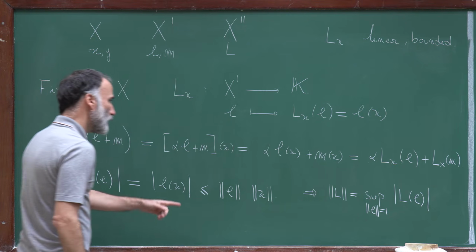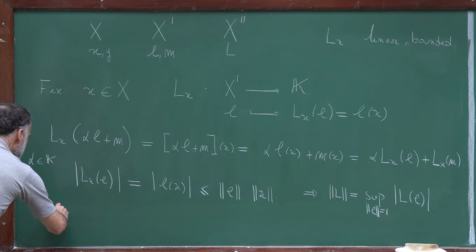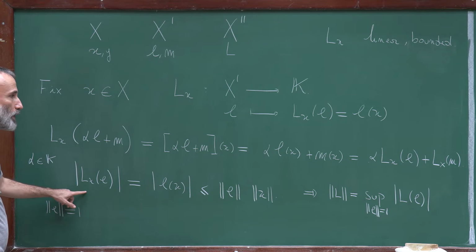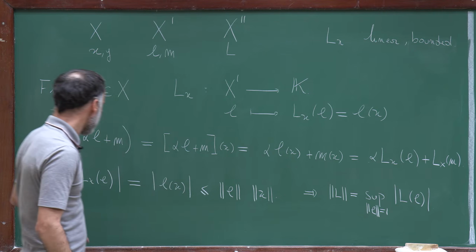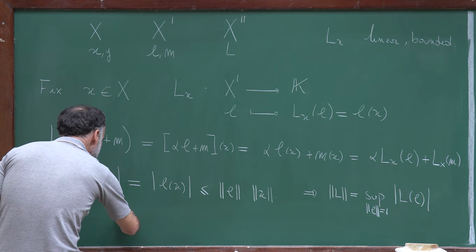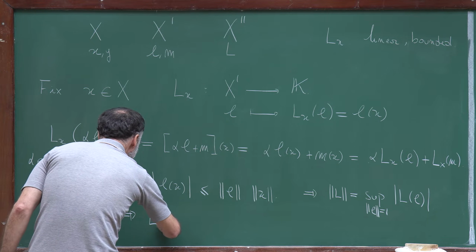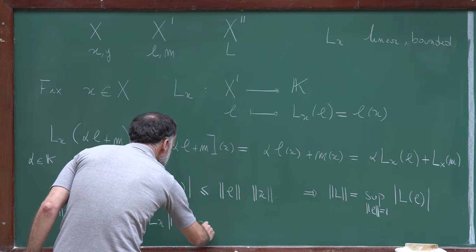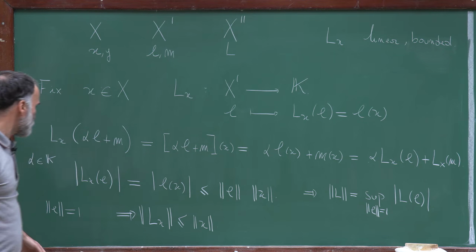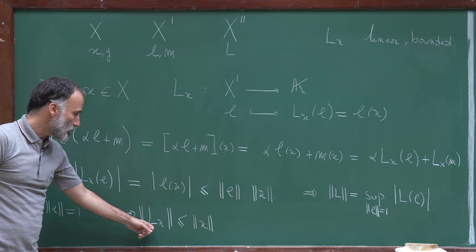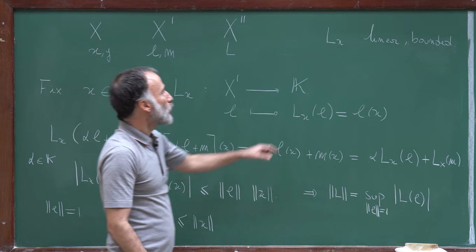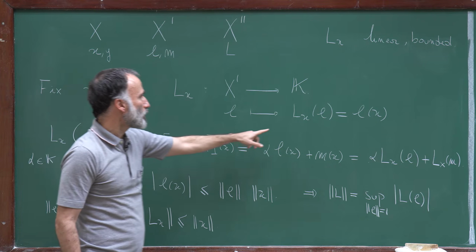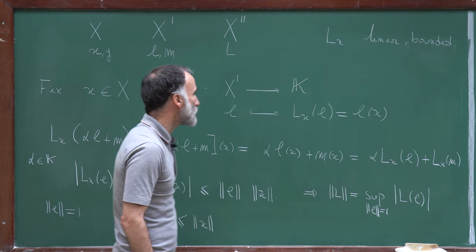So now if I take here a linear functional l whose norm is equal to 1, this is bounded by the norm of x, and this means that this supremum is bounded by the norm of x. So this proves that the norm of Lx is bounded by the norm of x. And this proves, therefore, that this linear functional is indeed bounded. So we have defined a bounded linear functional by this formula, Lx of l equal to l of x.